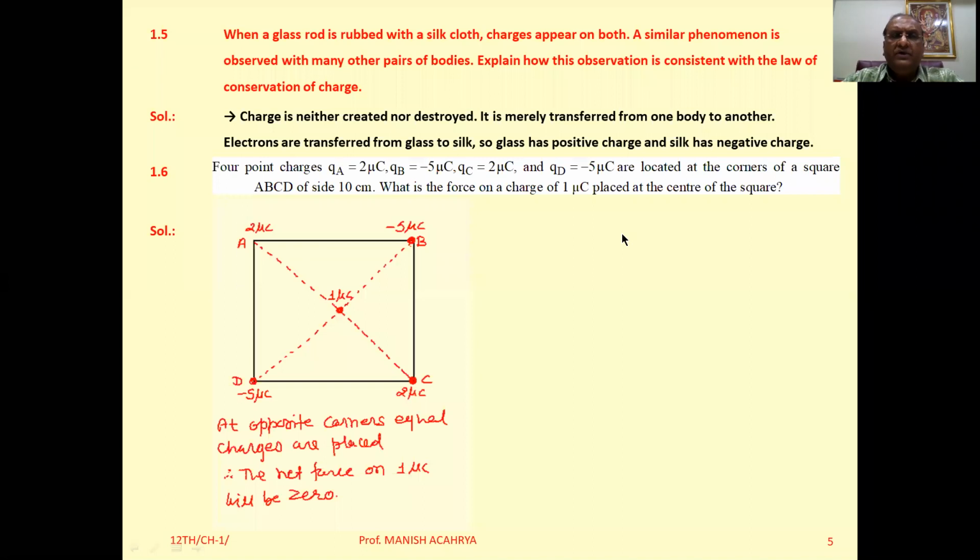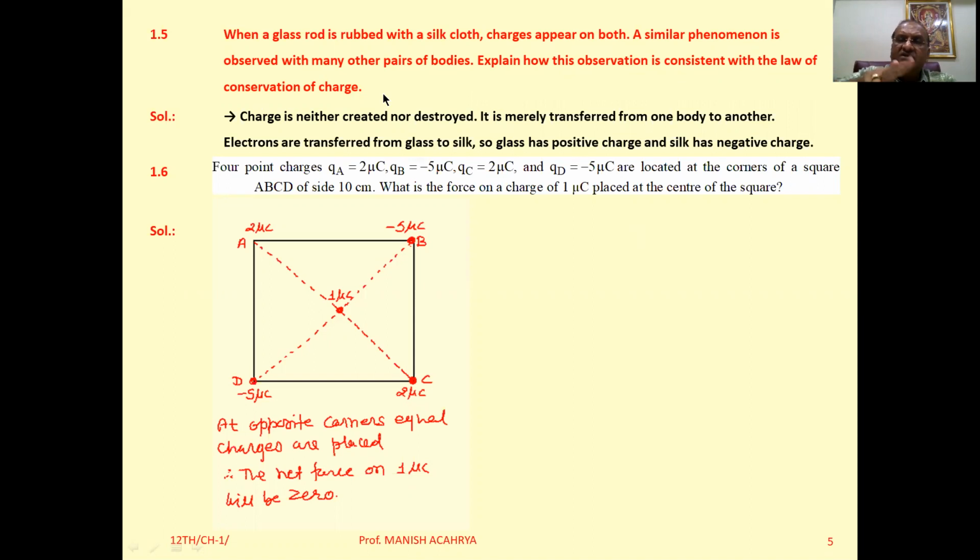Now example 1.5. When a glass rod is rubbed with a silk cloth, charges appear on both. A similar phenomenon is observed with many other pairs of bodies. Explain how this observation is consistent with the law of conservation of charge. See, the law of conservation of charge suggests that charge can neither be created nor be destroyed.